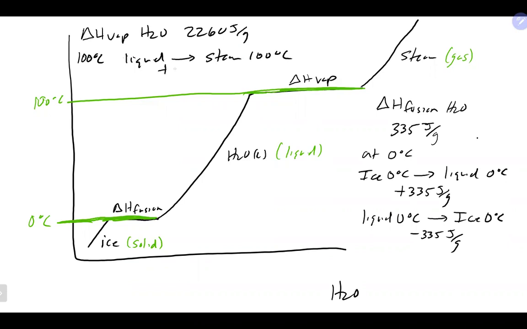I would have to put in positive 2260 joules per gram. If at 100 degrees Celsius I started with steam and I want to go to 100 degrees Celsius liquid water, I would take out minus 2260 joules per gram. So once again, it's the exact same number, but the sign is different.